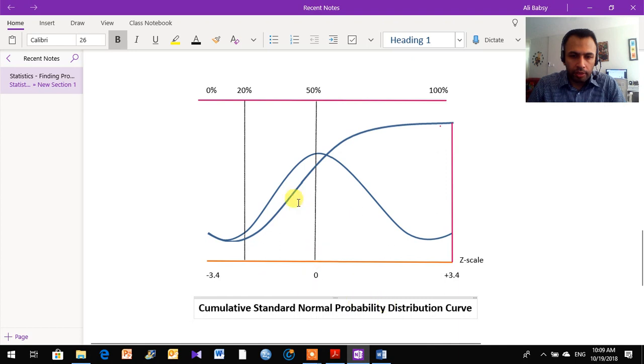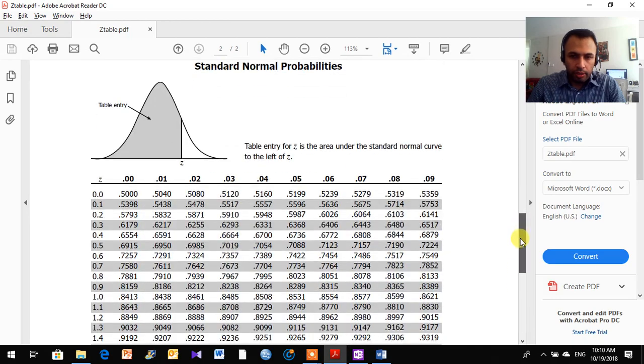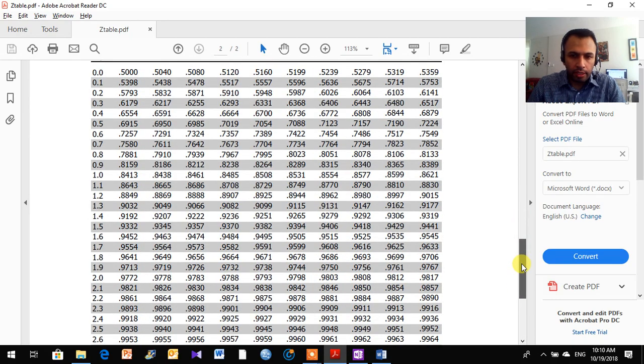Probabilities means that all the probabilities are lying in this curve, and the total probability starts from 0% and they reach 100%. Now standard means that we are going to use a standard table of probabilities, so we can estimate the population parameter or population characteristic through the sample statistic.